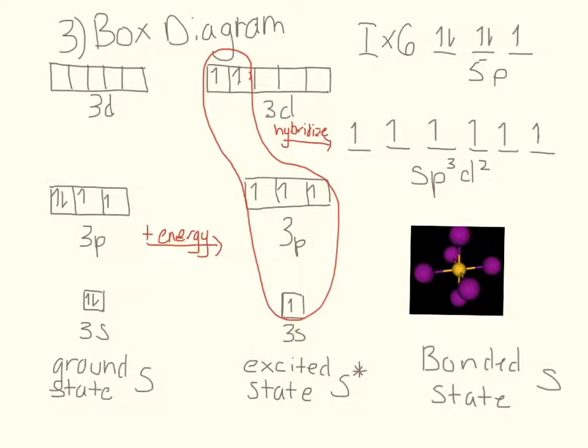So we look at the ground state, and we see that there is only what we call 2 parking spots available for the 6 iodide. Only having 2 parking spots only allows us to have 2 iodides with the sulfur. So what we need to do is take these 2 electrons being circled, and we need to promote them to the d orbital.